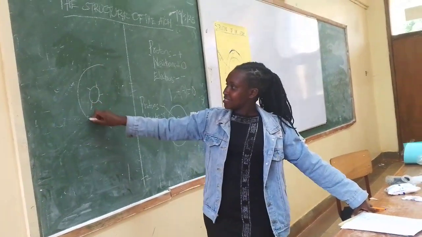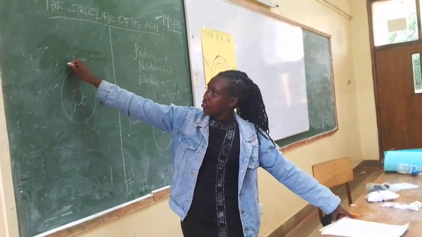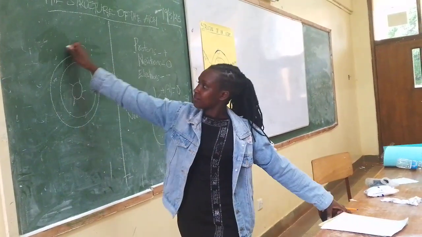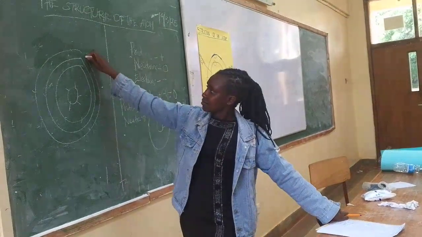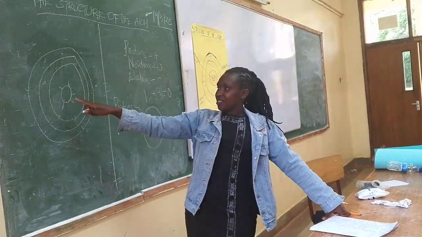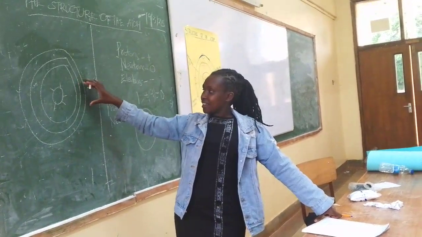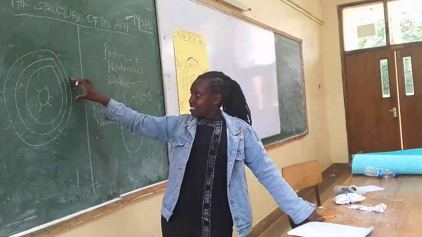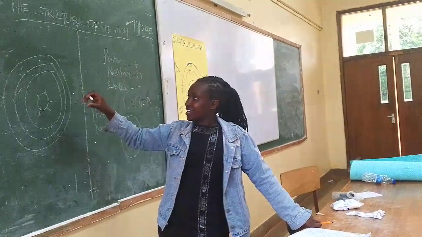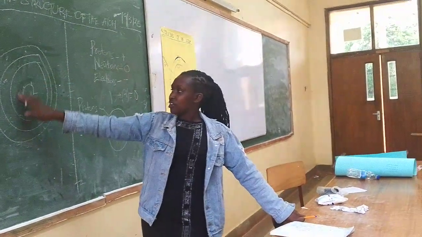Then there are orbits surrounding it. This is the same case, the nucleus is located at the center, and there are planets surrounding the sun in orbits.